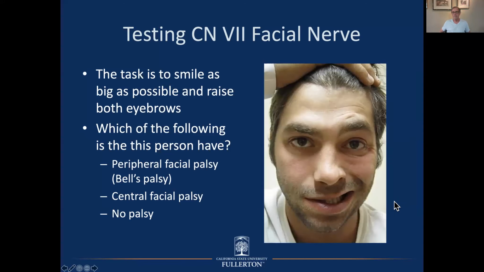How about this one? The command is to smile and to raise your eyebrows. And he is certainly smiling on this side, not on this side. And you think, well, there's not much elevation there, but compared to the last image, this person is elevating a little bit, but there's no wrinkling here.